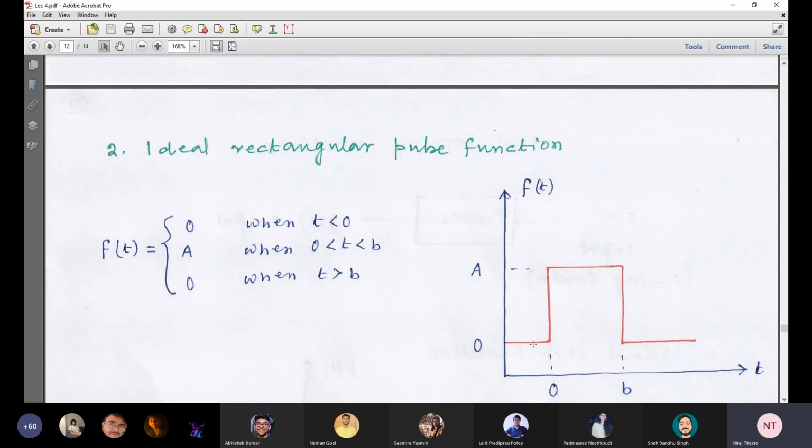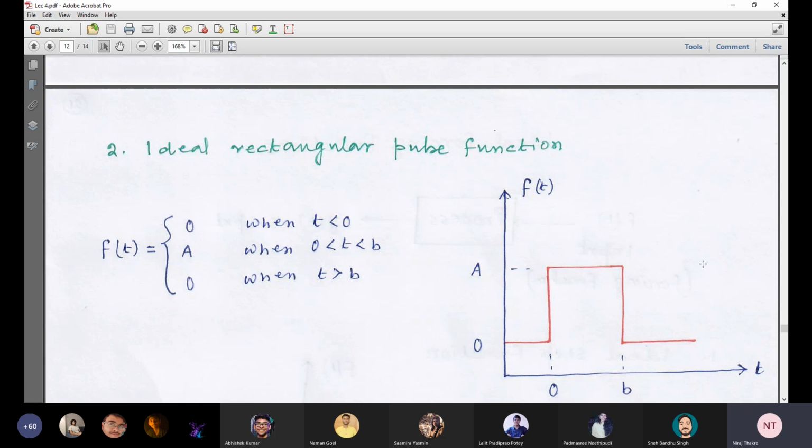In one step change, from 0 to a, we are increasing. And in the second step change, we are simply decreasing. Sometimes it is written as two consecutive step changes.